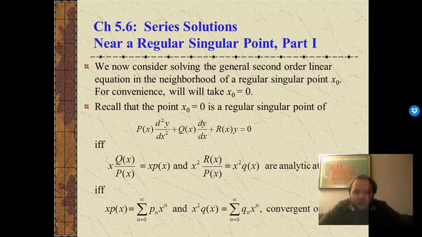Last time, we classified it as a regular point if we could get q of x over p of x, or little p of x, times x, to have a limit that goes to a finite number. And the same thing with r of x over p of x, but with x squared. In both of these cases, x little p and x squared little q, both of their limits were finite numbers.